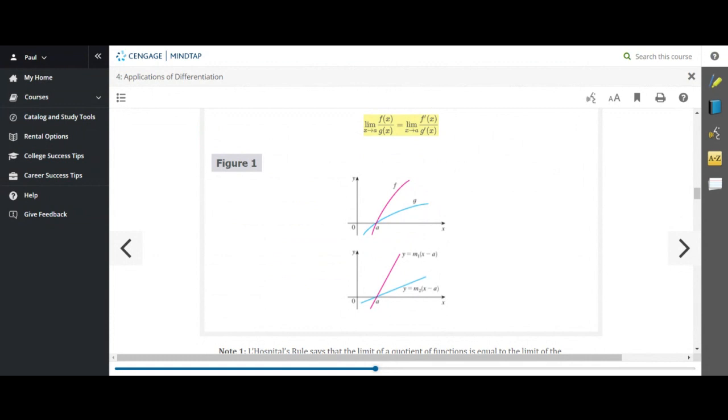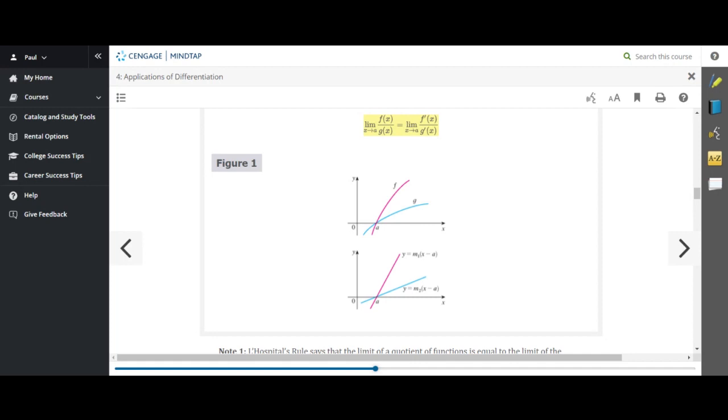So if we want the limit as x approaches a of f over g, then this is an example of where f and g are both equal to 0 at x equals a. But now look at the second picture. Look at what they're doing.